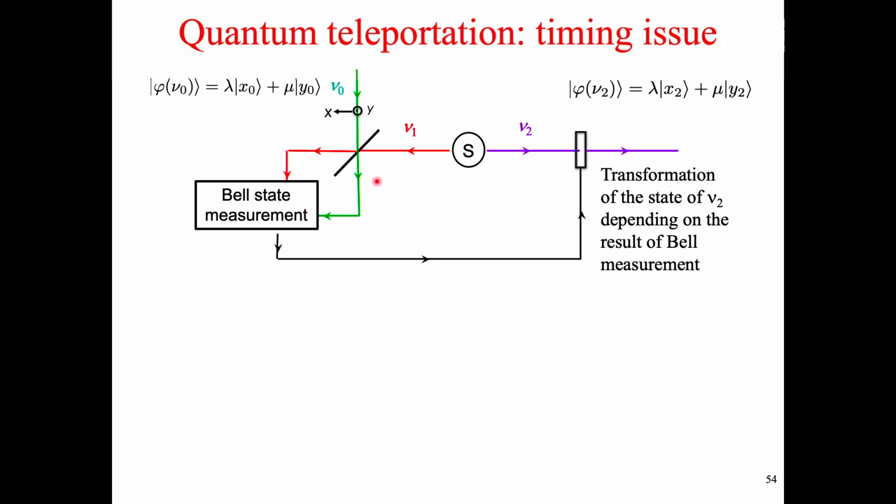But if you believe in the story that when the measurement is done here, instantaneously the photon U2 which is here is transformed, you have a problem because this takes time. It's a classical channel. So you have to put the second photon on hold, waiting for the classical signal to arrive.